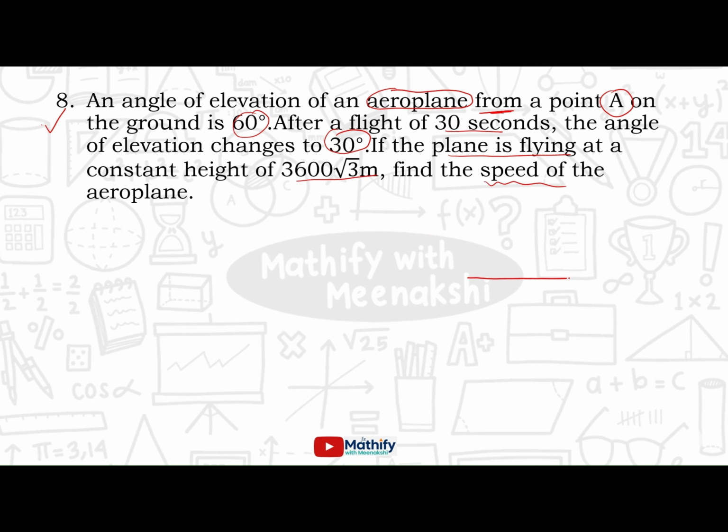It's given that on ground we have a point A, and from this point A, angle of elevation to the aeroplane is 60°. Earlier it was 60°. And then after a flight of 30 seconds, now aeroplane is here, the angle of elevation changes to 30°.